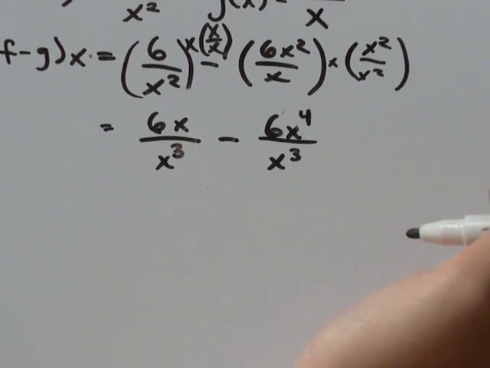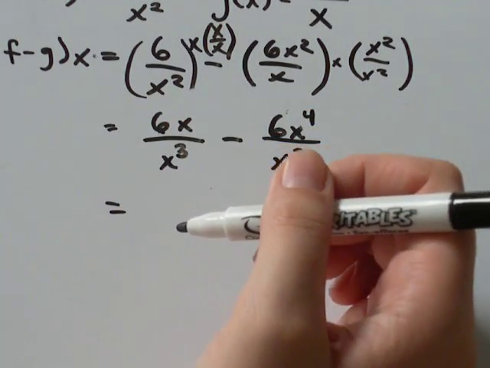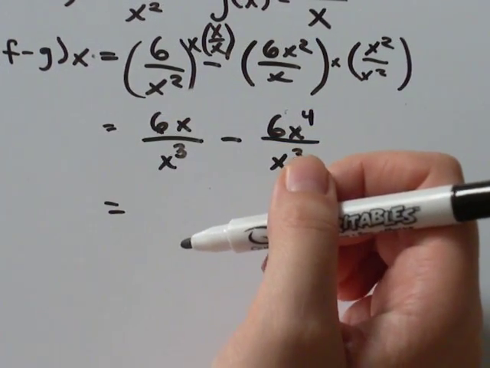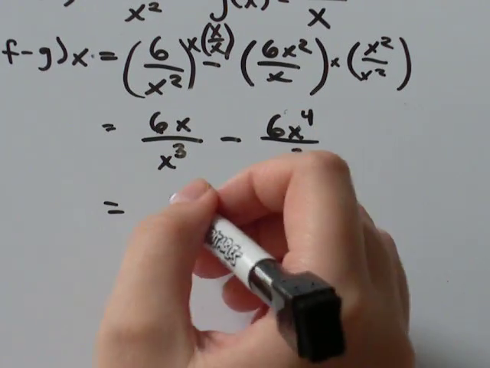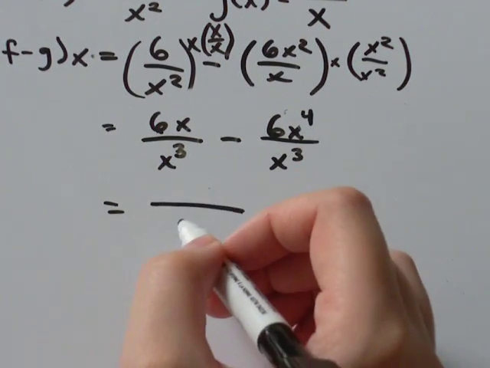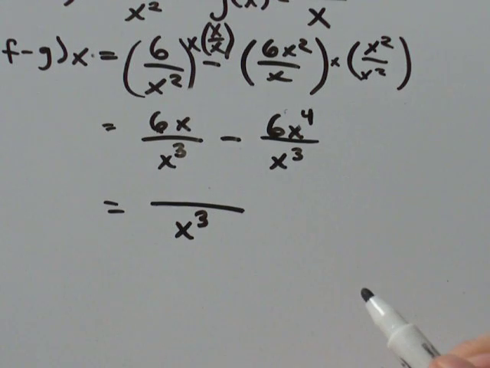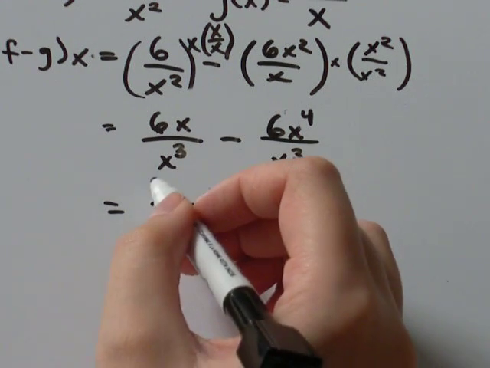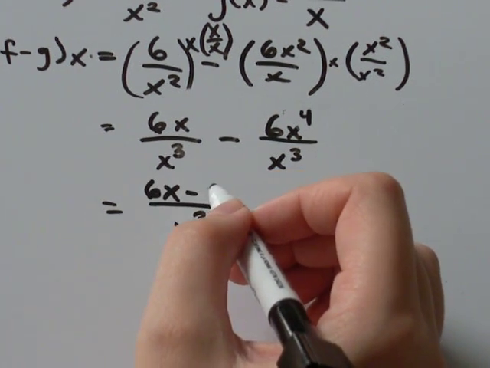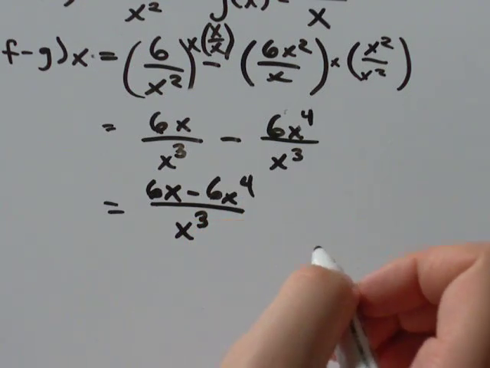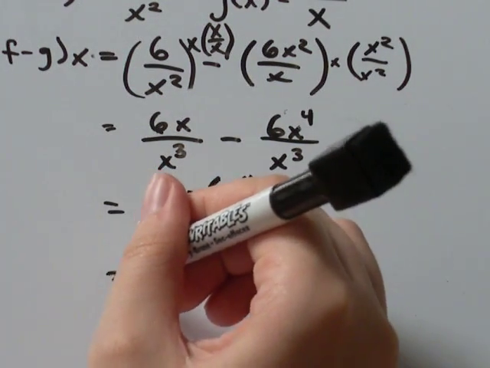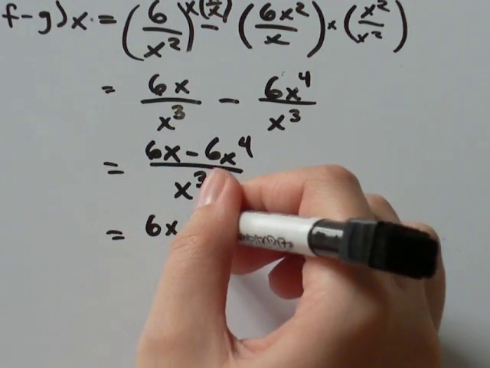So now that I've got a common denominator, I can combine them. The denominator is the same, so I'm just going to write it down once. And then on the top I would have 6x minus 6x to the 4th. And you could factor out a 6x if you wanted.